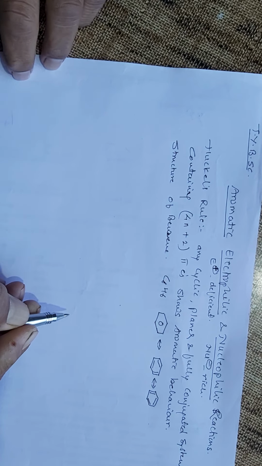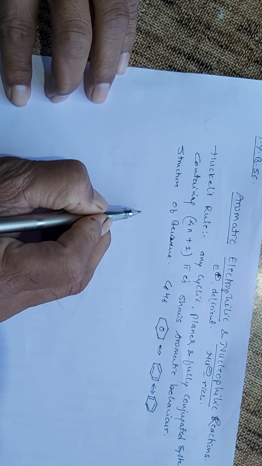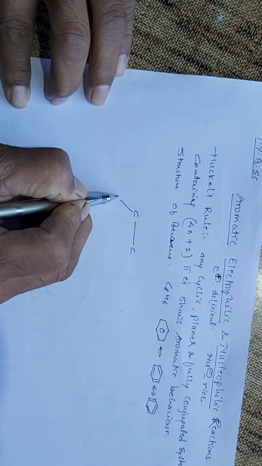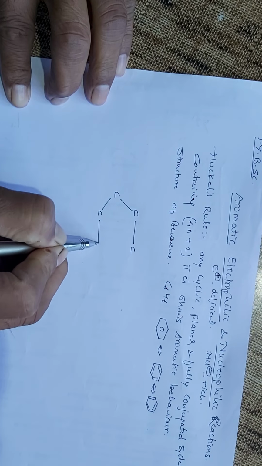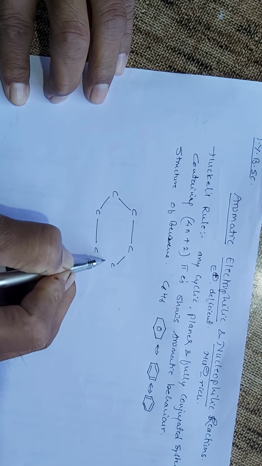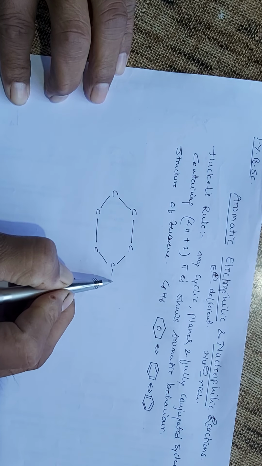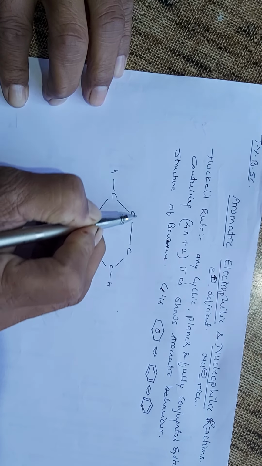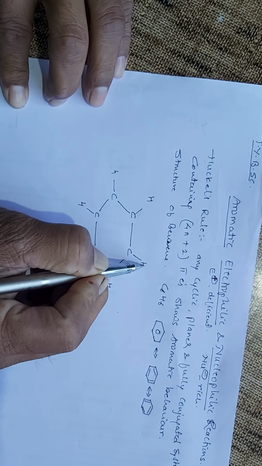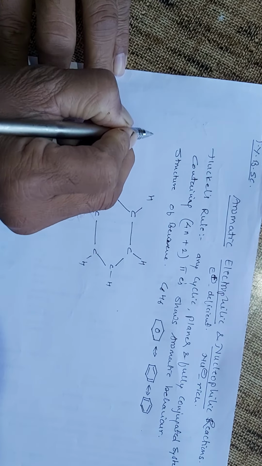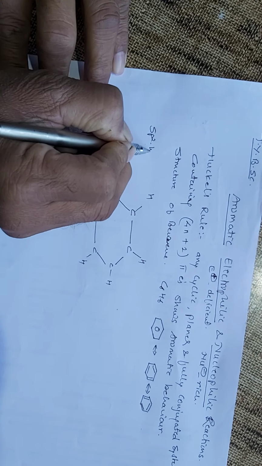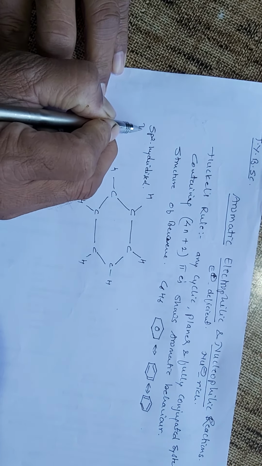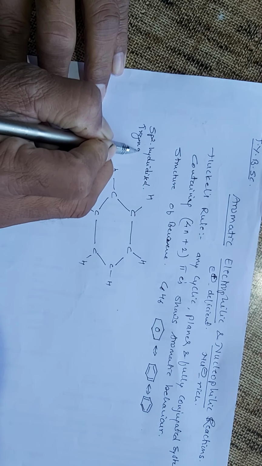There are six carbons, and in the planar structure of benzene, these six carbon atoms are lying in one plane, and each is attached to one hydrogen atom. Each carbon involved in the benzene ring is sp2 hybridized, and as it is sp2 hybridized, the geometry is trigonal planar.